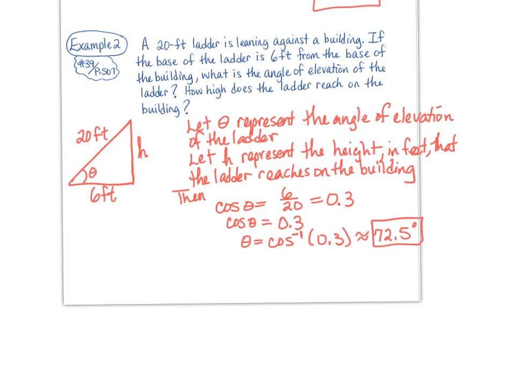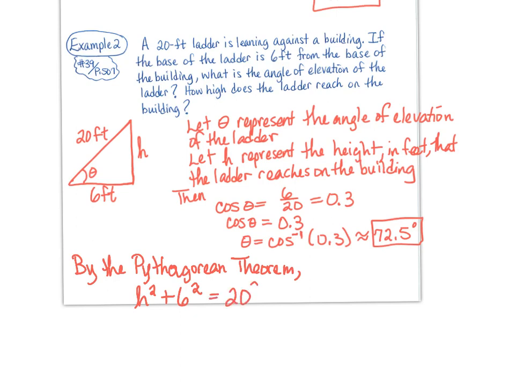So, by the Pythagorean theorem, we know that h squared plus 6 squared is equal to 20 squared. And you should, by good form, put these in parentheses, right? Because if you had a negative, you'd have to adjust accordingly.